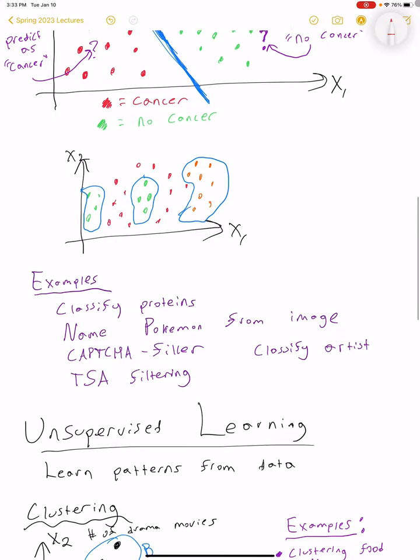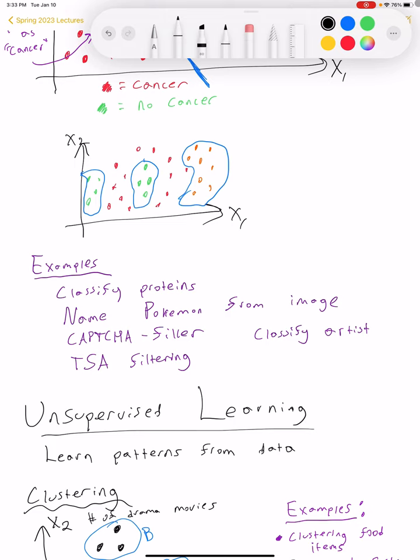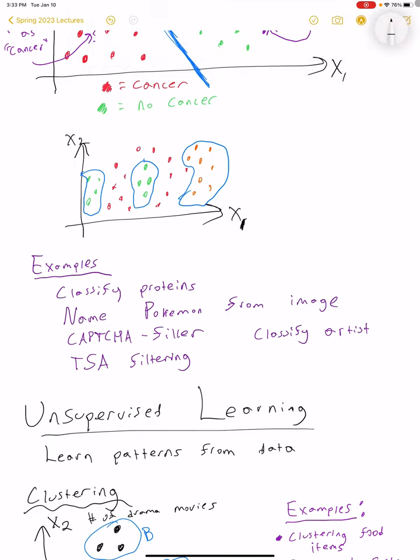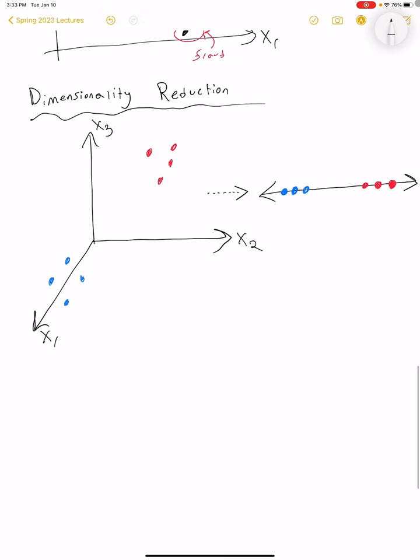If the X1 feature was just mixed up a little, the green clusters might appear together. Yes, we will talk about looking at linear combinations of features. And that actually goes hand in hand with the dimensionality reduction in a way.